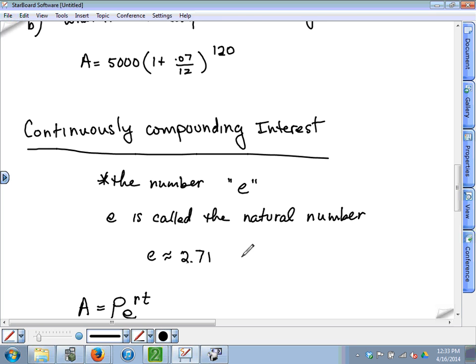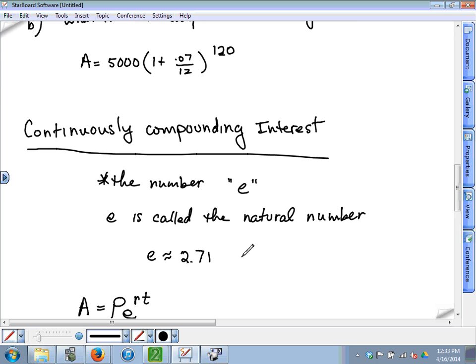E is called the natural number, and its approximate value is 2.71. It's called the natural number because this value occurs quite frequently in naturally occurring phenomena like population growth, population decay, and radioactive decay.